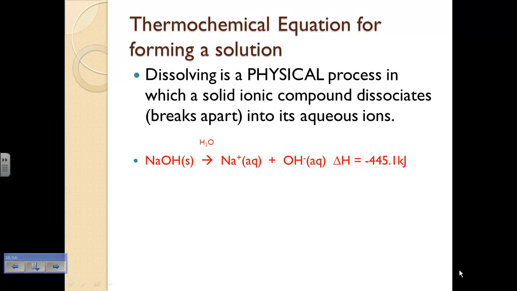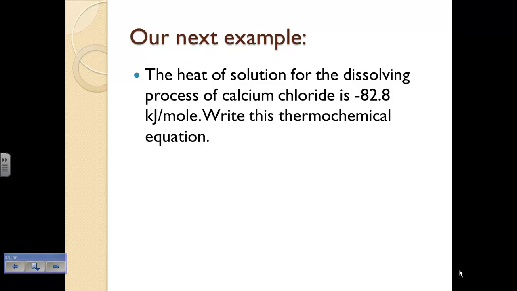When we release heat, we show that with a negative sign to represent the exothermic. Let's take a peek at our next example. I'll read it with you. In our Notepack, it has a number 3 next to it. The heat of solution for the dissolving process of calcium chloride is negative 82.8 kilojoules per mole.